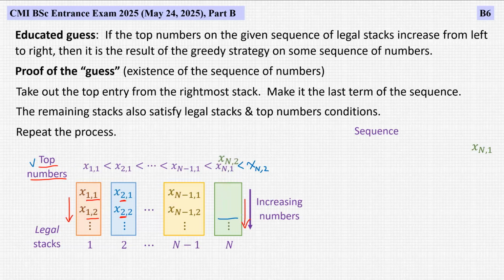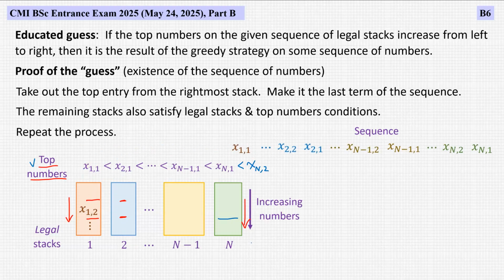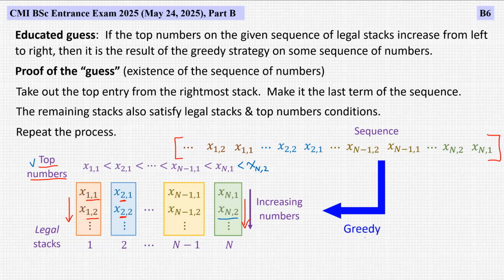The new top number of the rightmost stack becomes the second to last term of the sequence, and we go on and on, scanning the stacks from right to left. In the end, we have this sequence. And if we apply the greedy strategy on that sequence, it will produce the initially given legal stacks. Verifying this claim is easy, so try to do it yourselves.